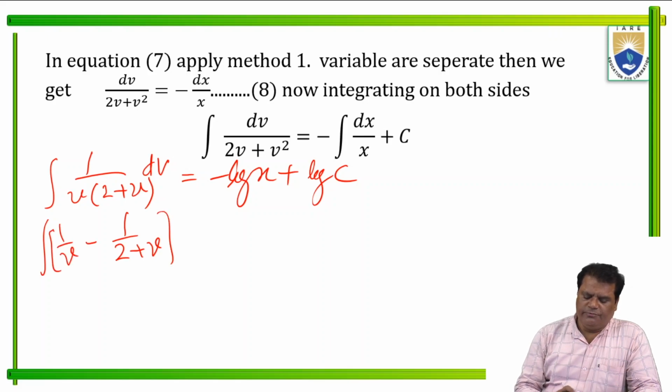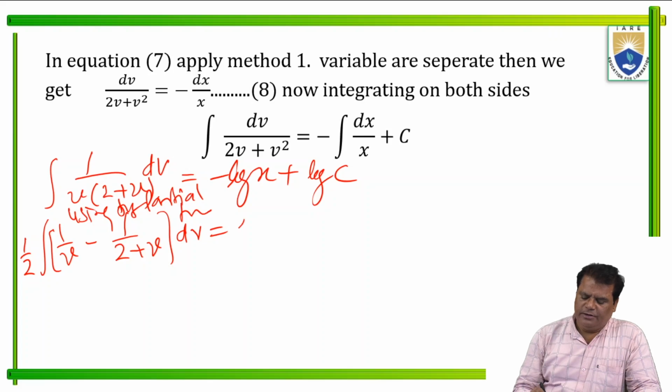So this is by partial fraction. So 2 plus v minus v cancels to 2. So here multiply by 1 upon 2 dv. This equal to here log c upon x.